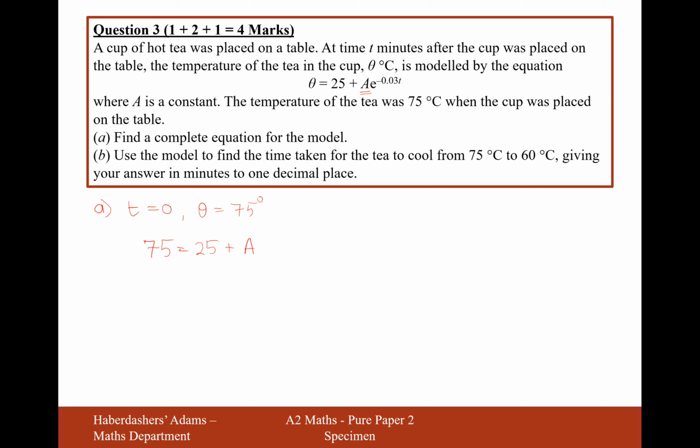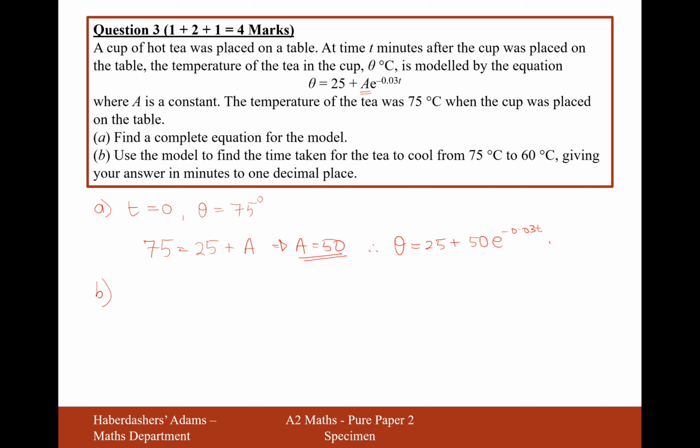Now remember, e to the power of 0 is just 1. Anything to the power of 0 is 1, so it's just plus A. So therefore A is equal to 50. So the complete model is theta equals 25 plus 50 e to the minus 0.03 t. That's the answer to part A.